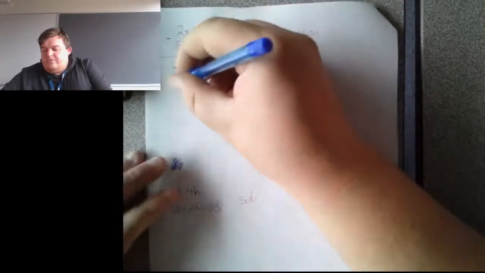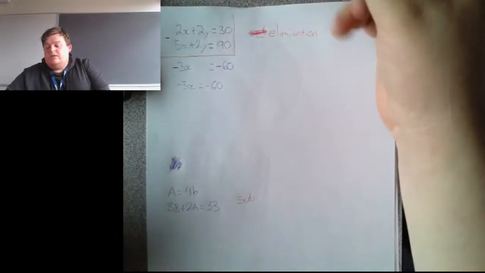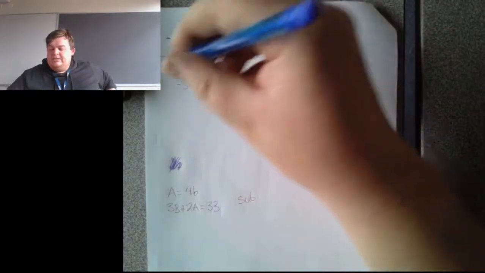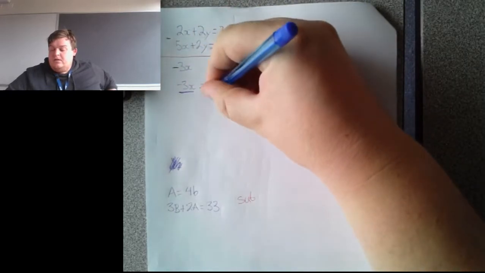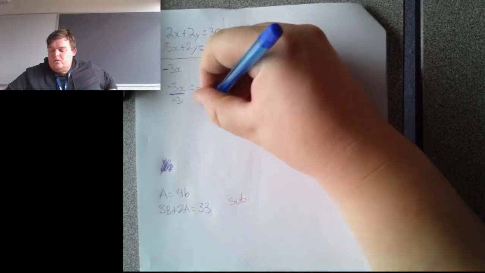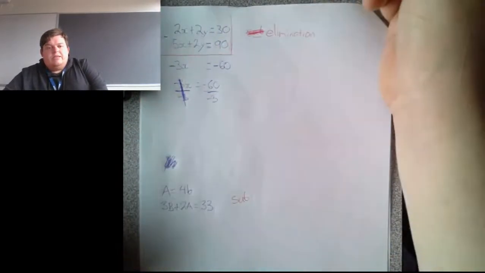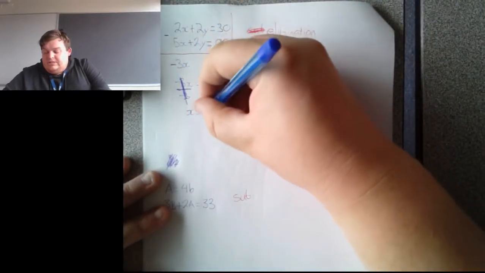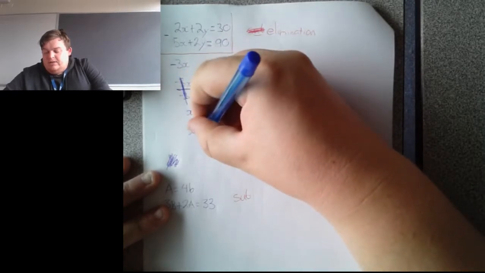So I'm left with negative 3x equals negative 60. To find x, I divide both sides by negative 3, because I want to keep my sides equal. I get x equals negative 60 over negative 3, which means x equals 20.